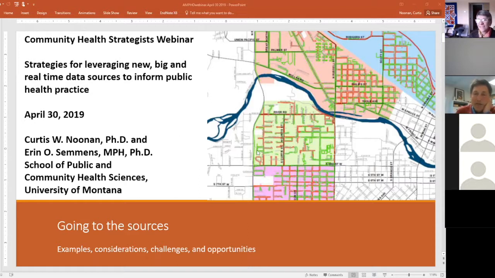So I want to start by just taking a look at this map. You might not be able to see the detail in this map on this particular slide, but this is a map that was generated by a group here in the Missoula City County Health Department. And what this is showing is for certain parts of Missoula, you see the Clark Fork running through it, and you see a bunch of green lines and a bunch of red lines.